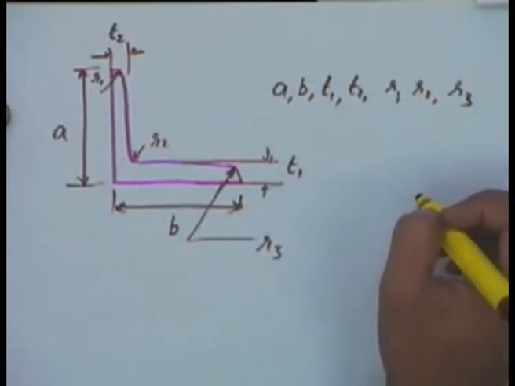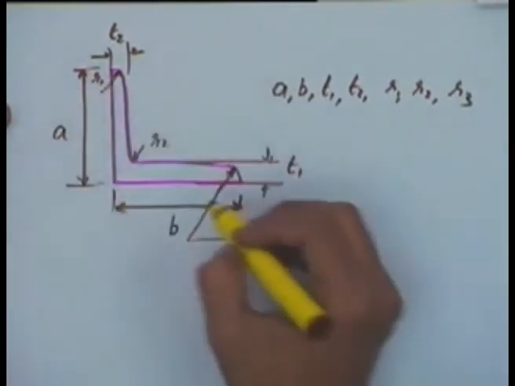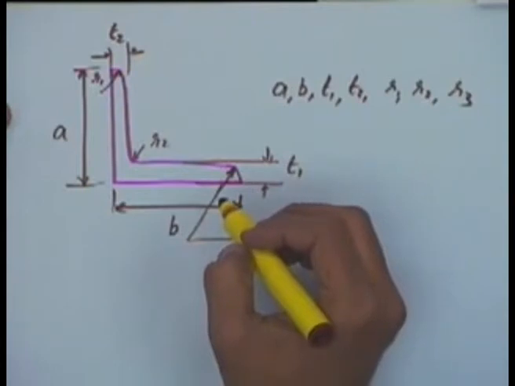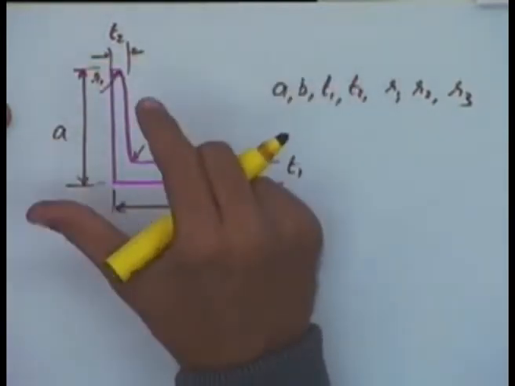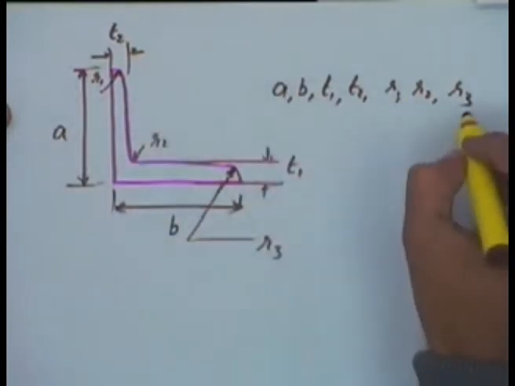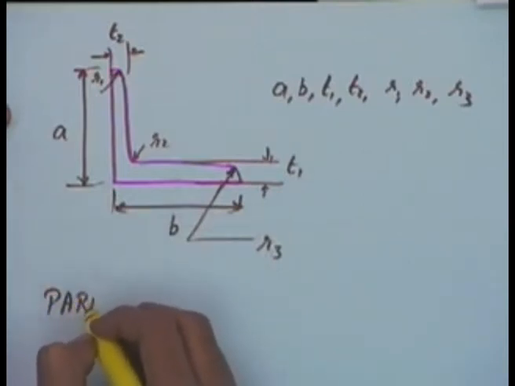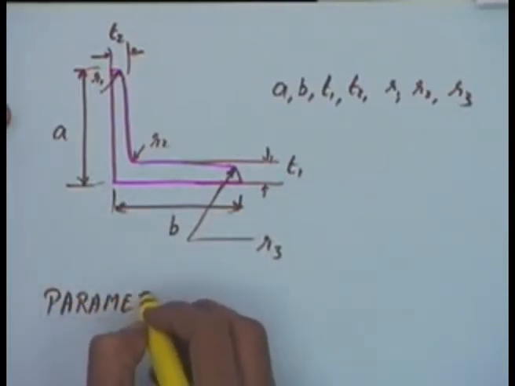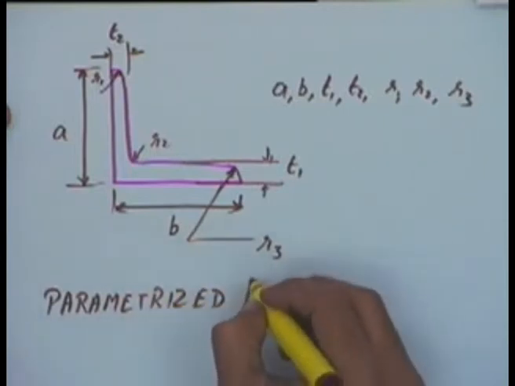All these parameters together will be defining a primitive like this. Whenever we use this primitive in any application, we'll have to specify these parameters. So this is what is referred to as a parameterized primitive. Parameterized or generic primitives.